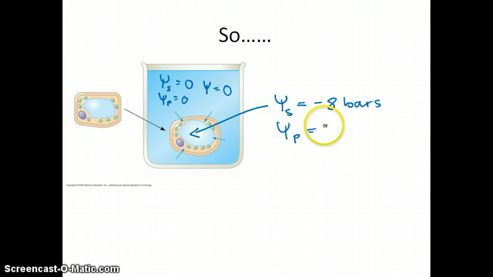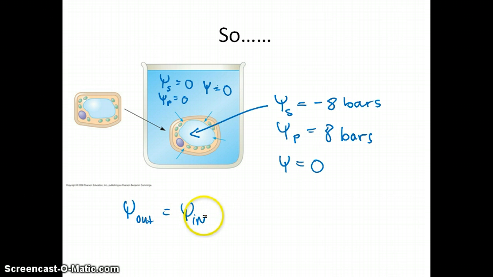So it actually has a pressure potential of 8 bars, and that would equal a water potential of 0. So in this case, water is at dynamic equilibrium. The water potential outside is equal to the one that's inside, and hopefully that helps.